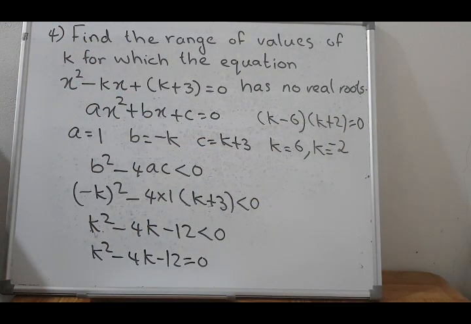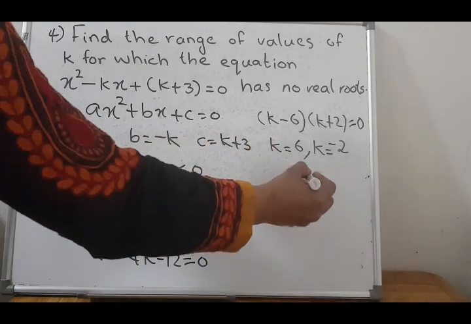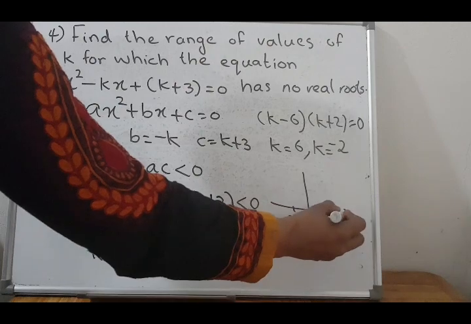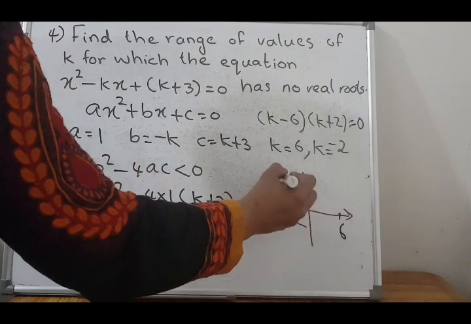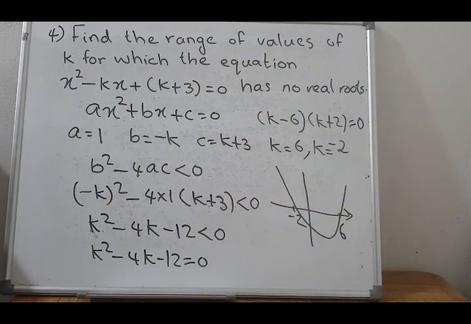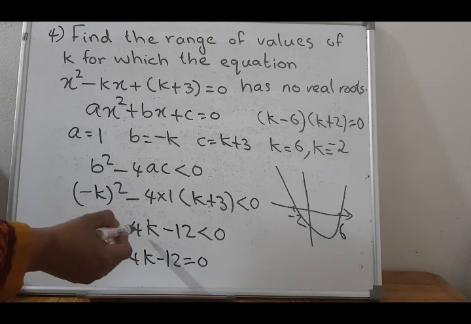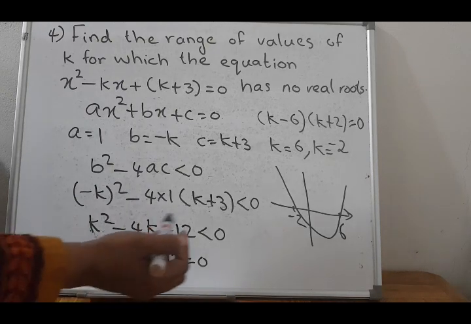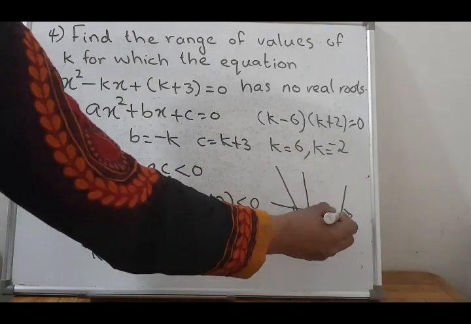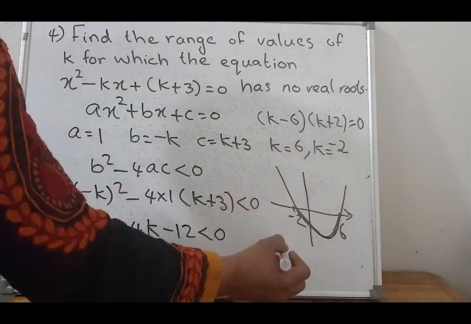Now you see, once we get the critical values, we can sketch the quadratic. See, less than 0. Less than 0 means which part is coming? k square minus 4k minus 12 is less than 0. The part of the graph below the x-axis, that is this part.